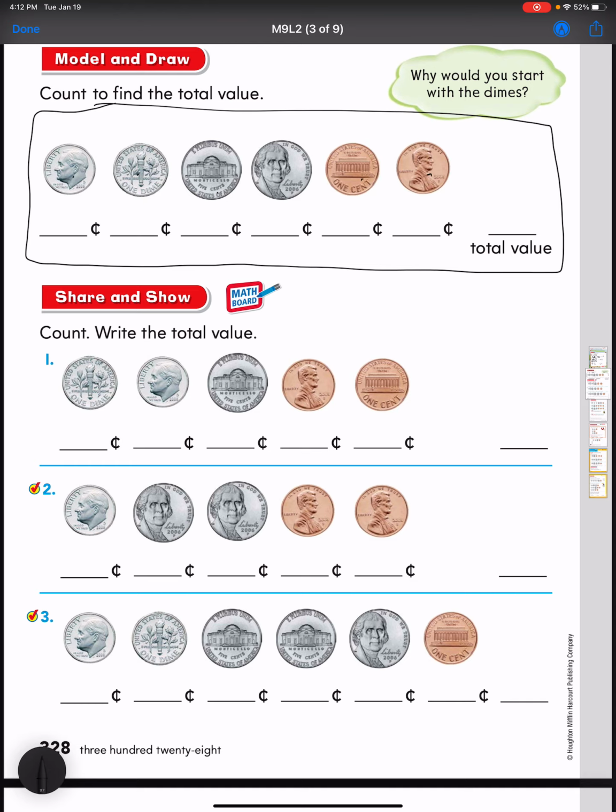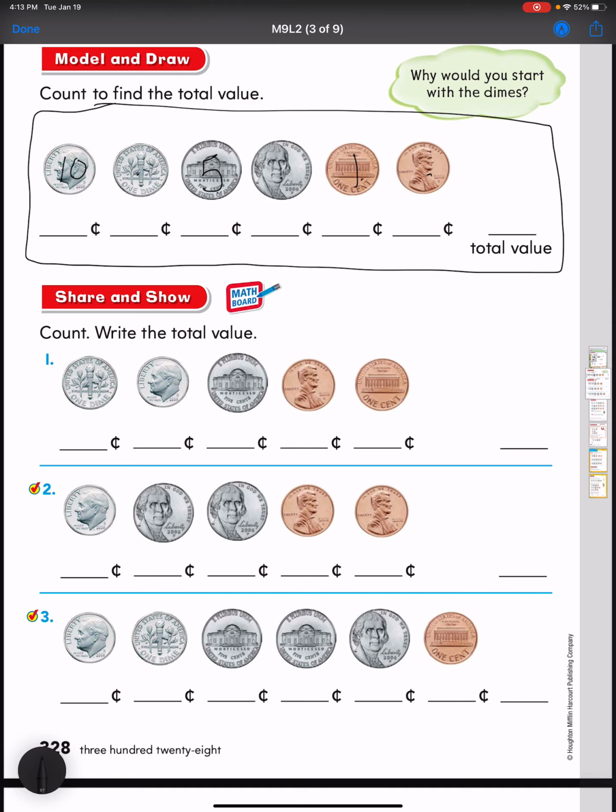So our coins are arranged from the greatest value to the least value. Remember, a dime is worth 10, a nickel is worth 5, and a penny is worth 1. So our greatest value starts with the dime all the way to the least value, which is a penny. And it wants us to count to find the total value. That's how much money we have.